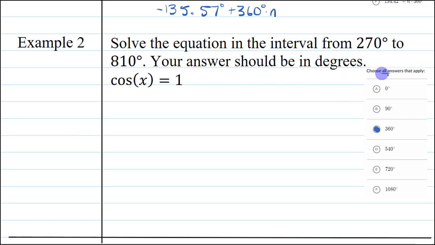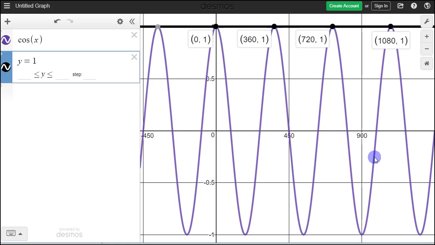And it says choose all answers, so there's probably multiple. What's another one? 720. 540. Did you click on these points up here, Rochelle? Oh, they're up. Any other answers? 1080. 1080 and 0, right?